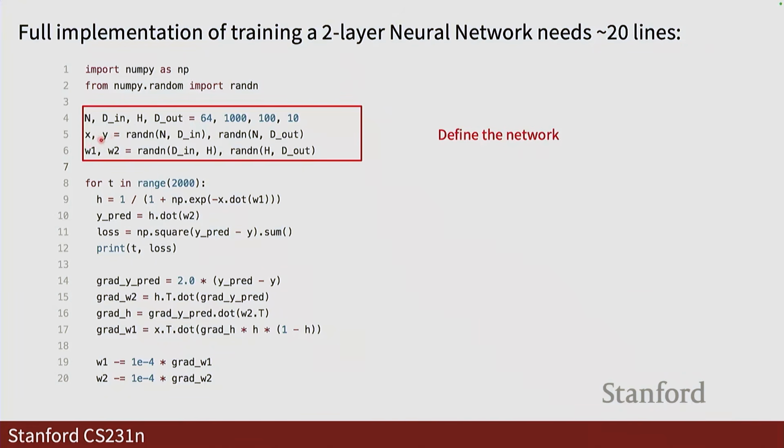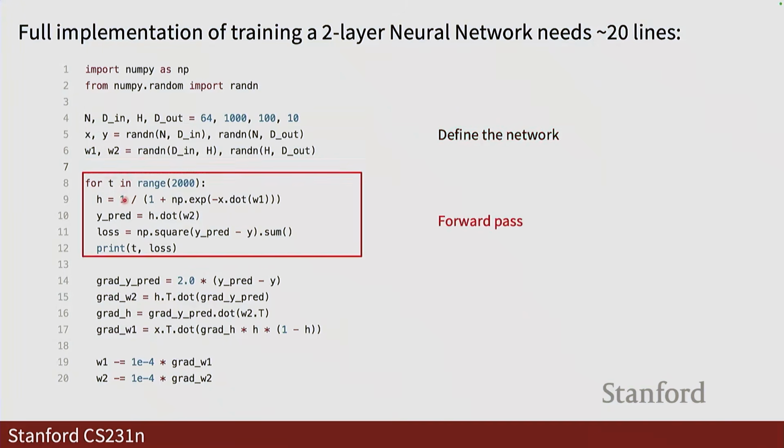We create x and y and randomly initialize the W's. Then we have the forward pass, which means applying the W's to the inputs layer by layer, ultimately creating the predicted y, and finally calculating the loss function and outputting that loss value.